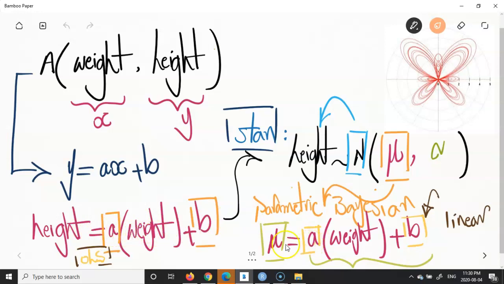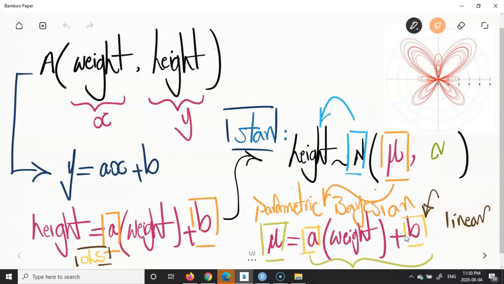It can be defined as a parameter of the mean: nu is the mean of the normal distribution of the women's height, and that nu is modeled as slope times the weight as a variable plus b, a linear model with respect to our only variable, weight.